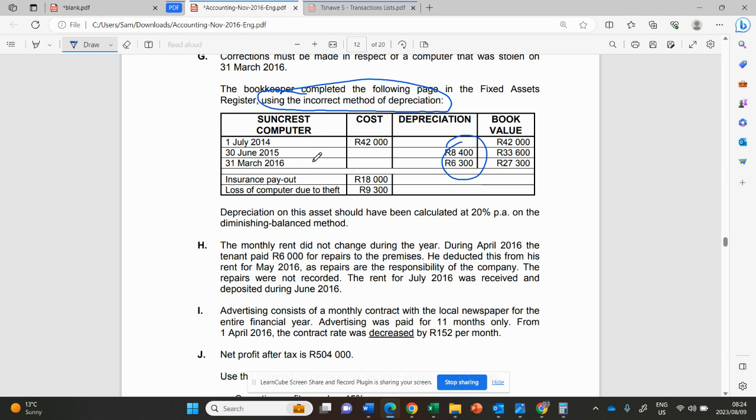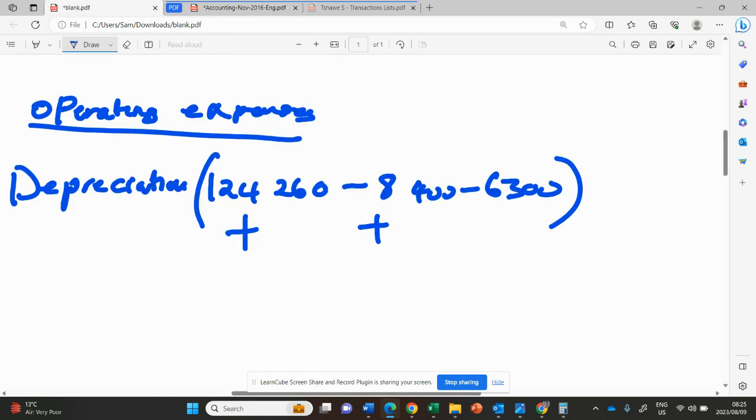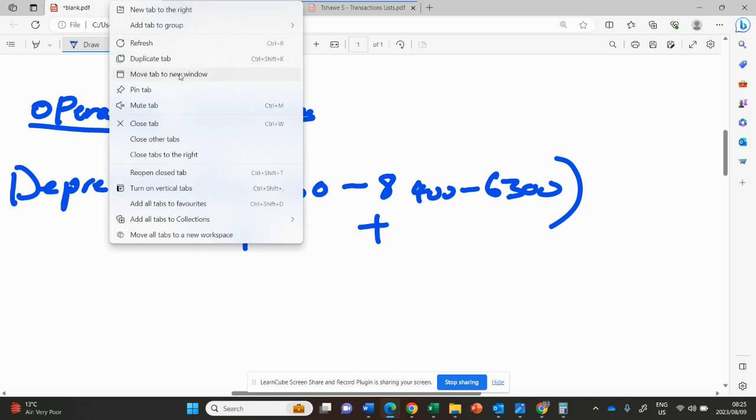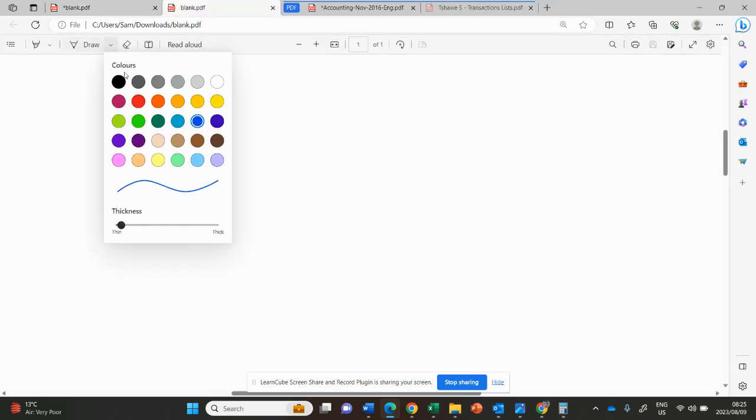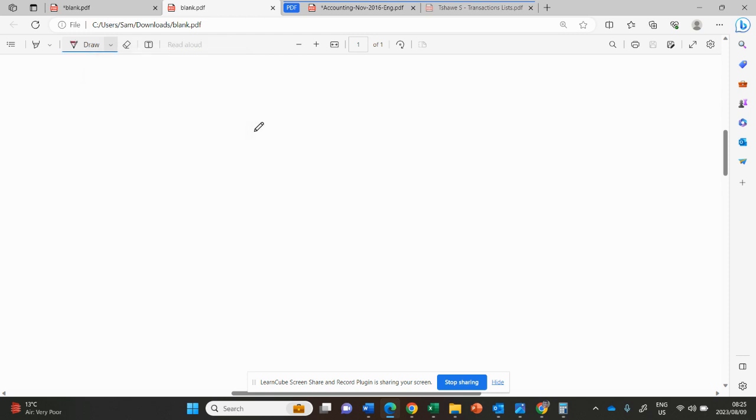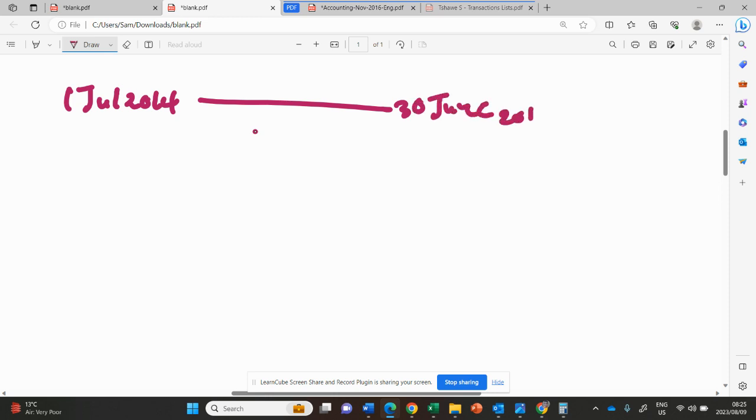Okay, let's see. This computer was purchased on first July 2014. So you need to depreciate until the year end, which is 30 June 2015.